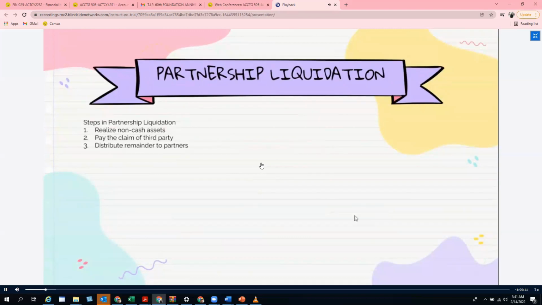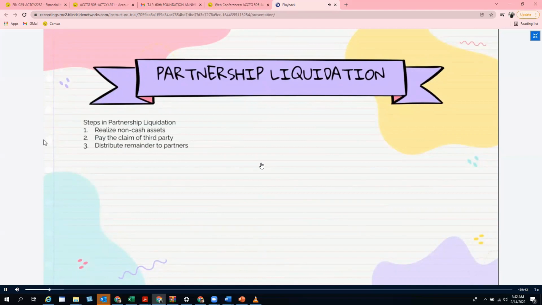By order of priority, that will be taken up in number three: distribute the remainder to partners. We may first pay the debt to that particular partner before we divide the remaining partnership assets, or net assets.